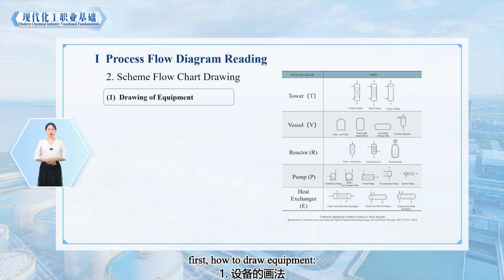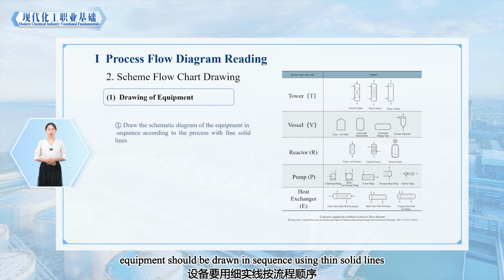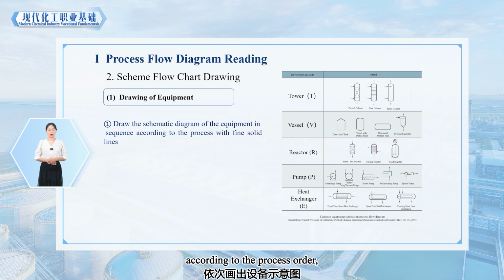First, how to draw equipment. Equipment should be drawn in sequence, using thin, solid lines according to the process order, and the equipment schematic should be drawn in accordance with relevant standards.